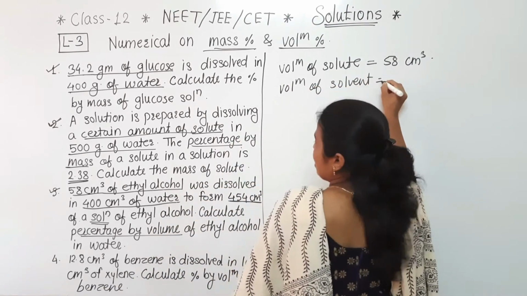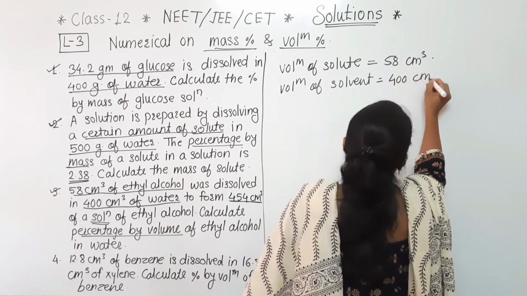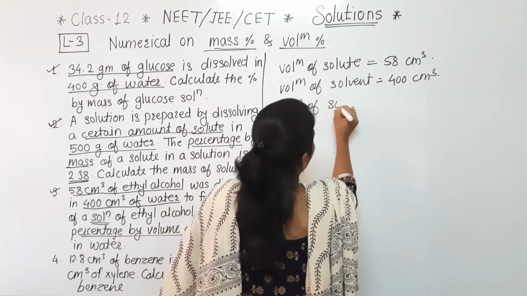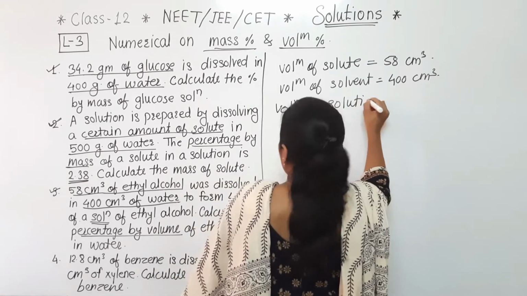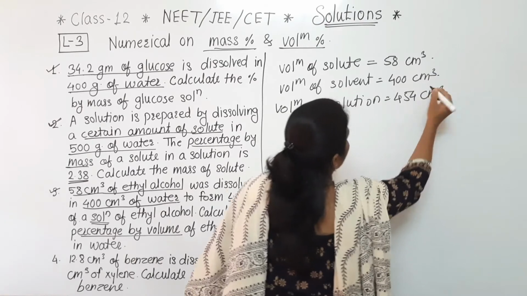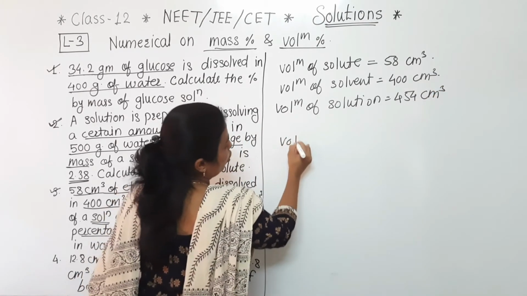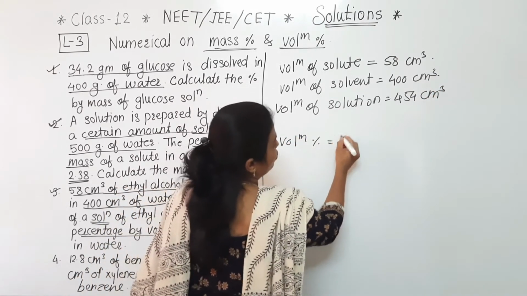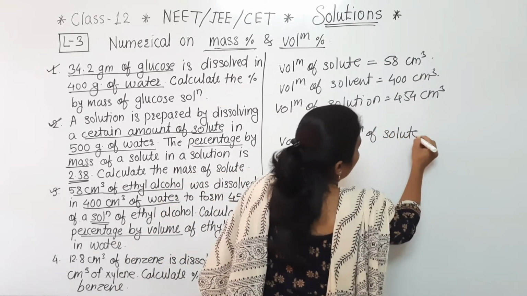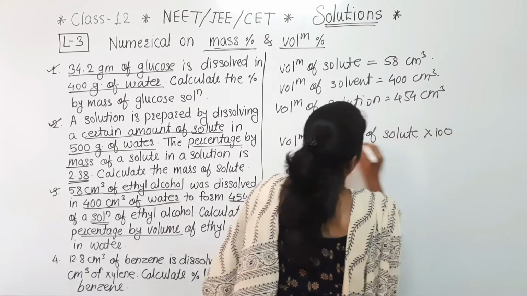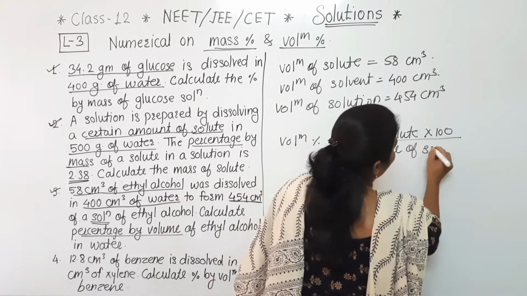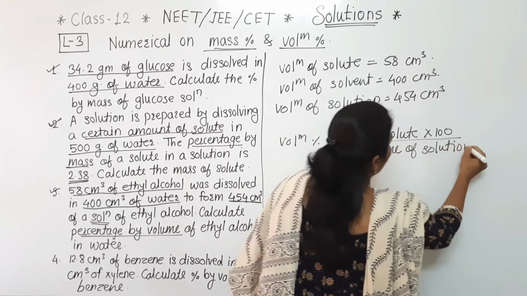Volume of solvent is 400 centimeter cube, and the third one they have given is the volume of solution, and that volume of solution is 454 centimeter cube. What is the formula? Volume percentage is equal to volume of solute into 100 divided by volume of solution. This is the formula.